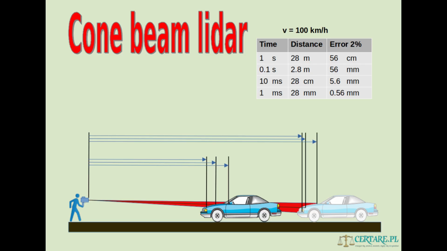So 1/3 of a second means that the maximum error allowed, produced by imprecise aiming of the laser, is 90. It has to be less than 19 centimeters, and that is already a little bit of a problem, because it's very easy to move a laser beam on the car, even on the same car, and have that error larger than 18 centimeters, just sliding it on the mask or something like that.